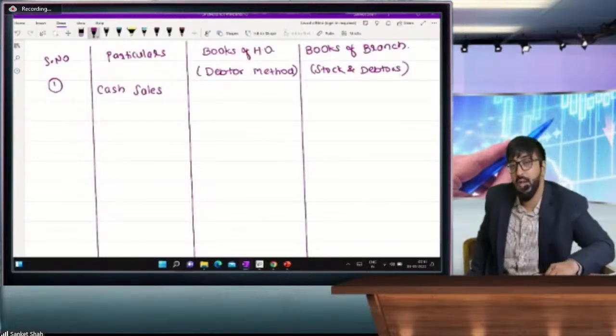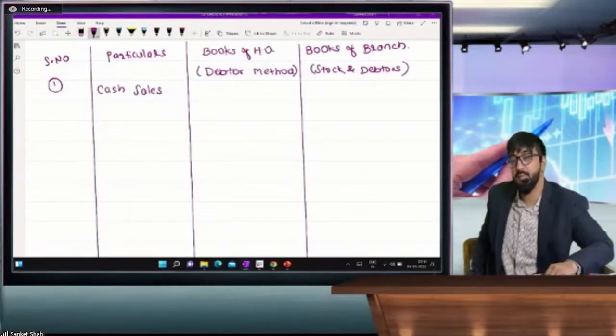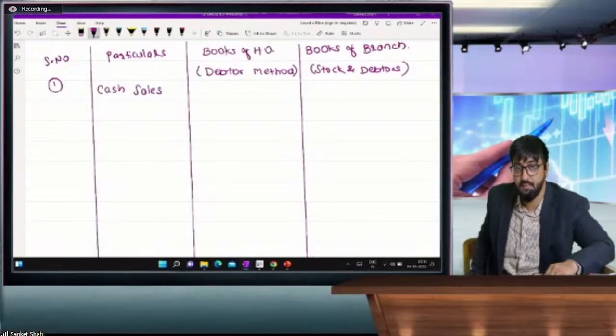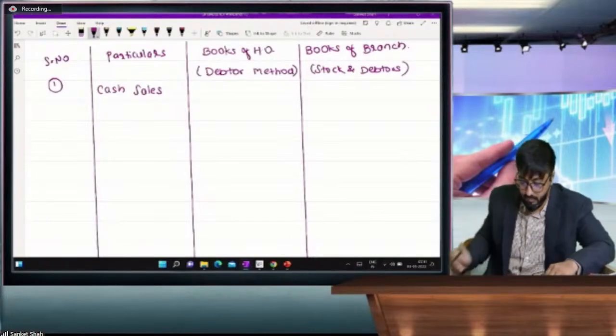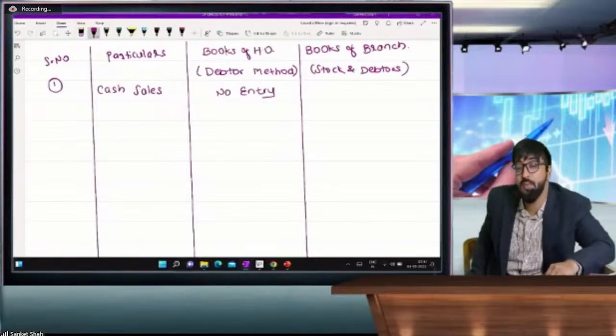Okay. So cash sales. Cash sales, beta. No entry. Who will sell goods, beta? Branch. So HO does not have any relation with sales entry. Okay, so HO is not going to pass any entry. Who is going to pass the entry? Branch.